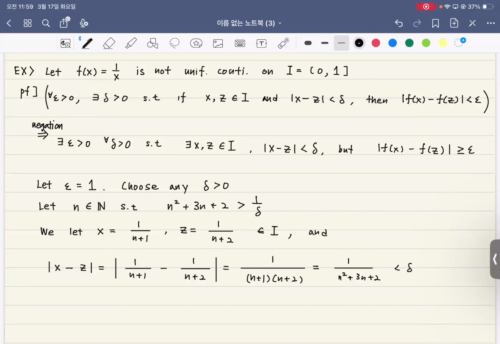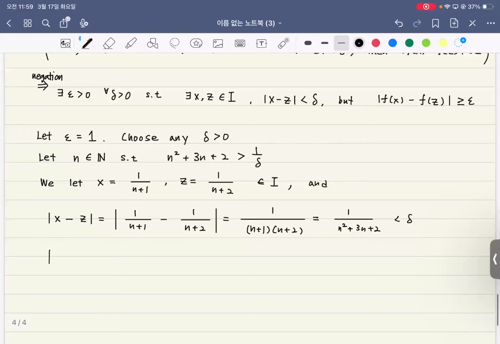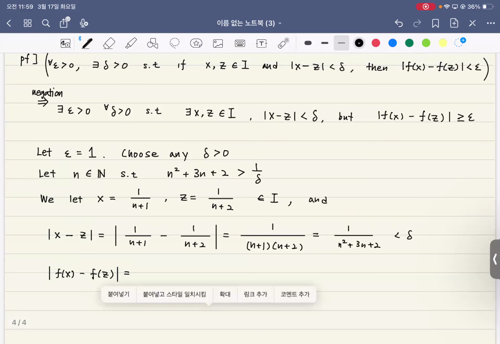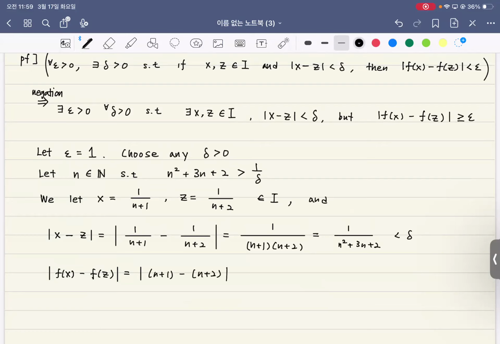But the absolute value of f of x minus f of z, where f is just 1 over x, is the absolute value of n plus 1 minus n plus 2, which is 1. This is clearly greater than epsilon, because my epsilon was 1.